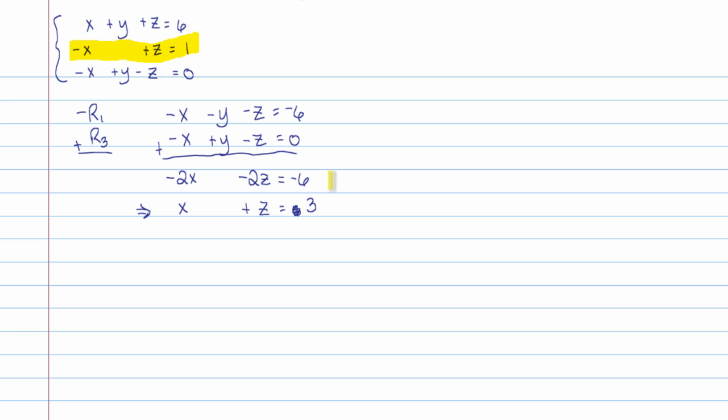So I'll take this equation right here with x's and z's and the equation up above with x's and z's and glue them together in the final system that I need. Negative x plus z is equal to 1 and x plus z is equal to 3. This I could just straight add up. The x's will cancel. I'll get 2z is equal to 4.